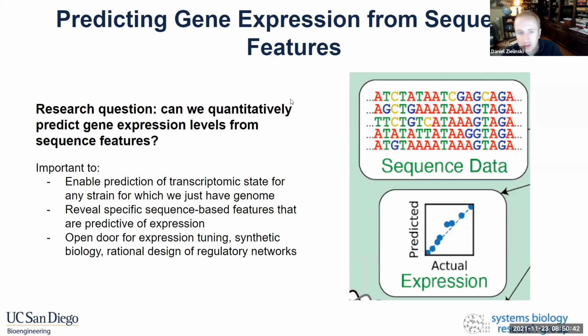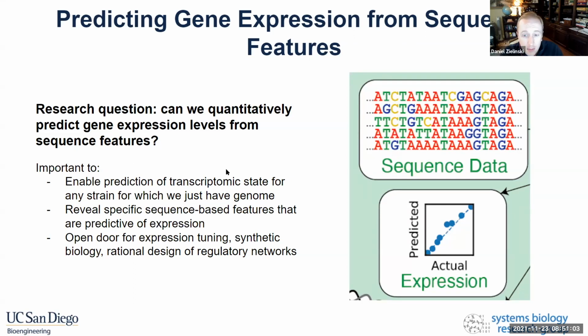Some just are always very highly expressed, and some are always very low expressed. And so we're asking the question, can we understand why that's the case? Why some genes are highly expressed and others are low expressed based on their promoters? And can we ask a machine learning model to tell us that?